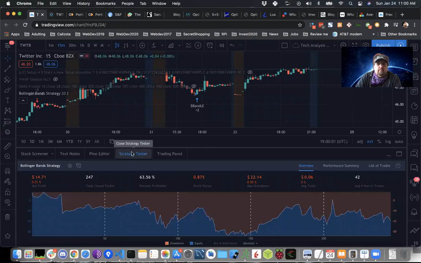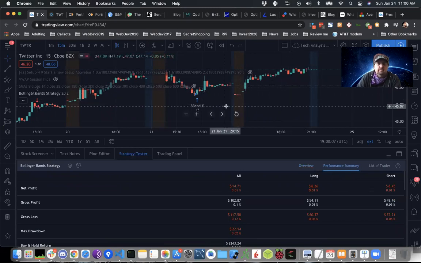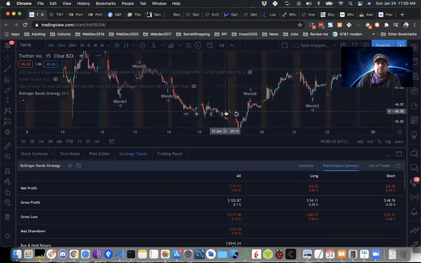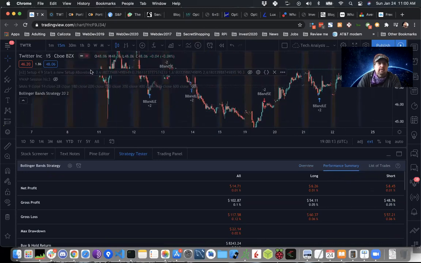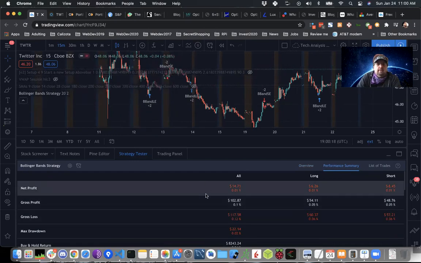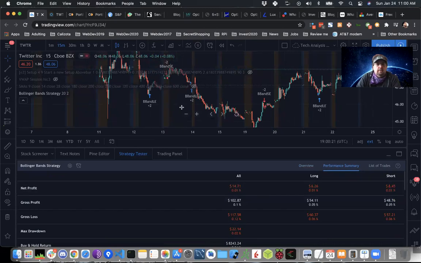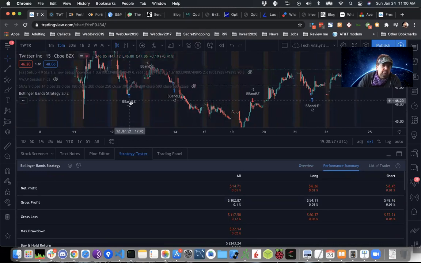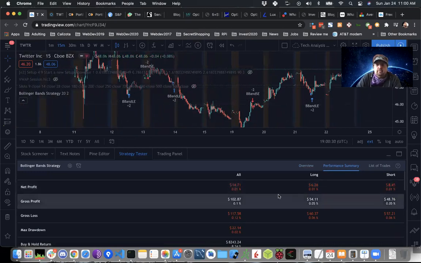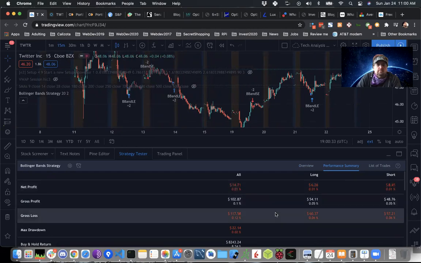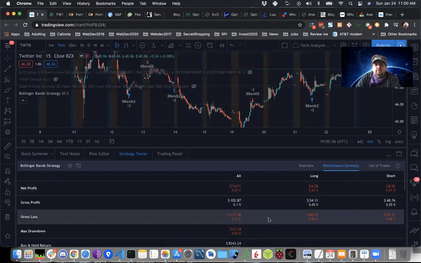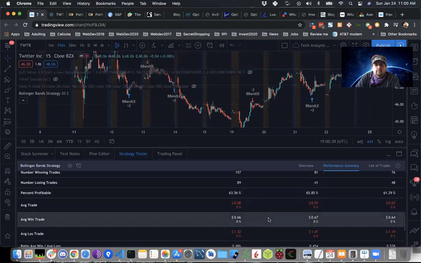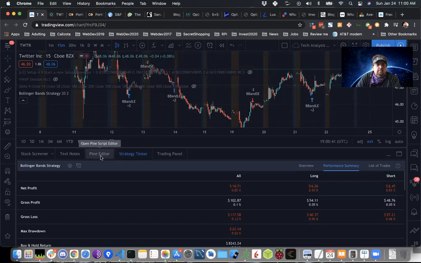But from what I've seen, it does a back test, and what a back test means is it goes back through this 180-day range, and it analyzes all these candlesticks, and it figures out if you had made a trade at the indicators that it shows here, and those indicators are based on those crossovers that we were just talking about. Here's what your net profits would be, gross profits, longs, and stuff like that. And it looks like this one would be in the red. So that's what the strategy tester is back testing.